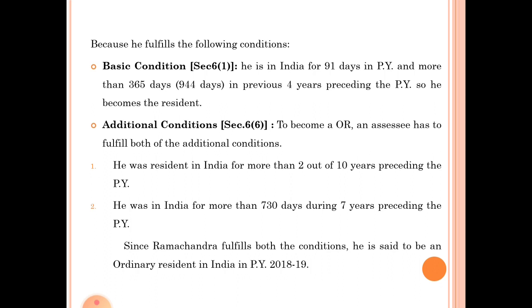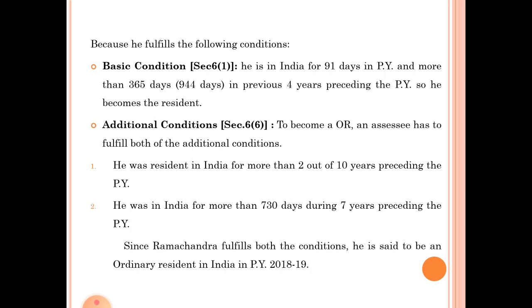He was resident in India for more than 2 out of 10 years preceding the previous year, and he was in India for more than 730 days during the 7 years preceding the previous year. Since Ramachandra fulfills both the conditions, he is said to be an ordinary resident in India in previous year 2018-19. So this is the first problem.